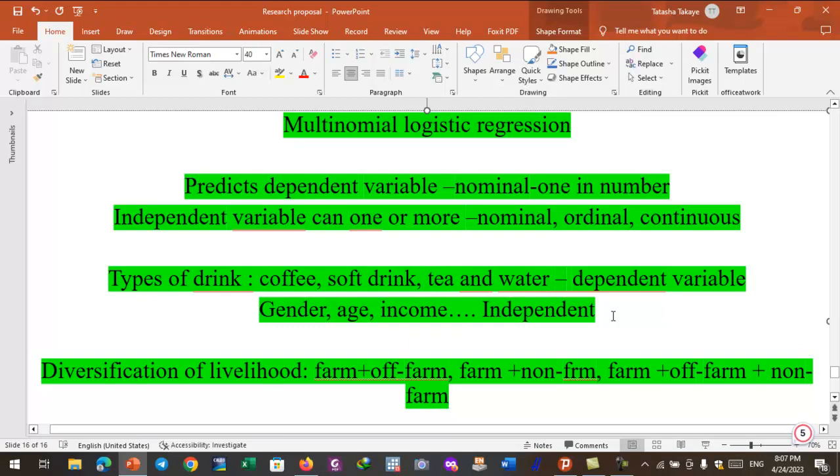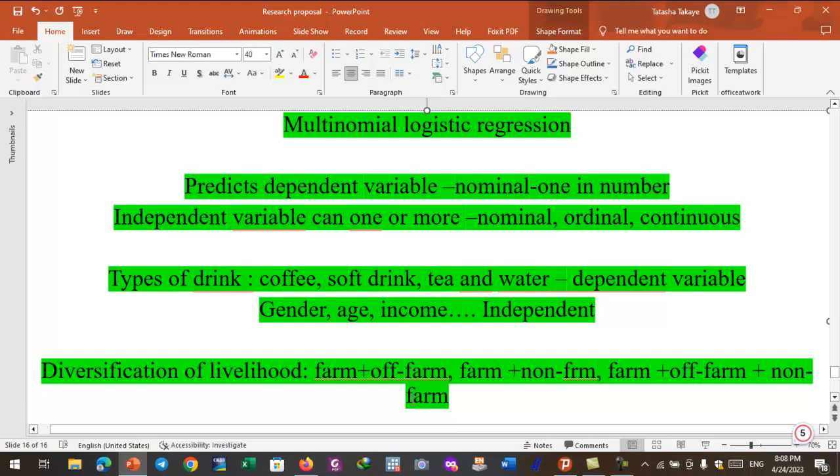Then the dependent variable is a categorical dependent variable, which is diversification of livelihood, and it has within itself 3 groups: farm diversification option, farm plus non-farm diversification option, and farm plus or farm plus non-farm diversification options.